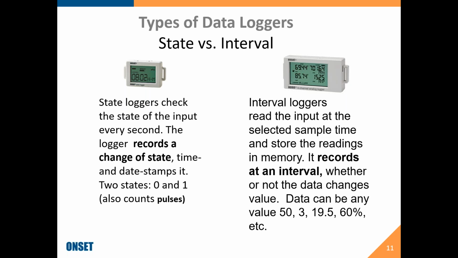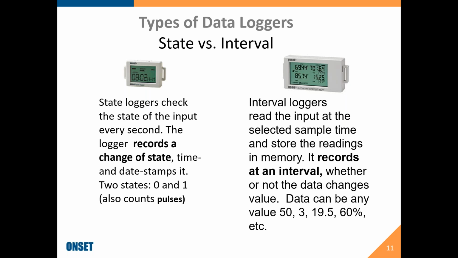And that is going to record what we call a change of state. So instead of looking to see if there is data being recorded every second, where you have lots of points that have not changed, it's going to record only when you have a state change. And that would give you runtime of a motor, for example.